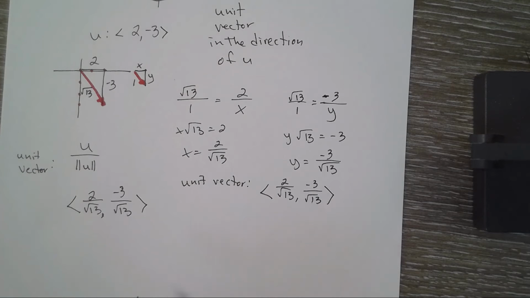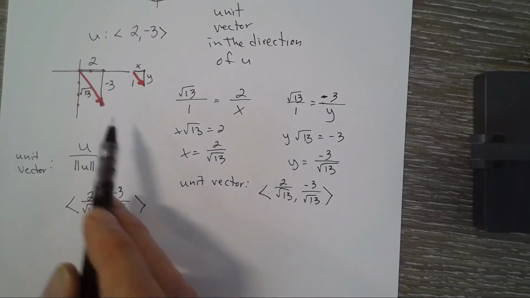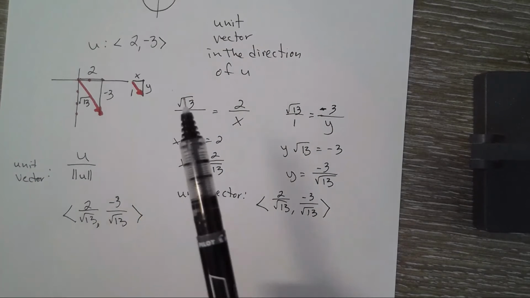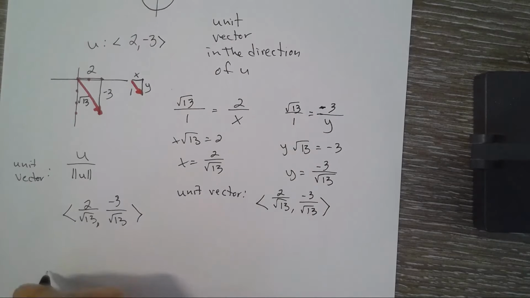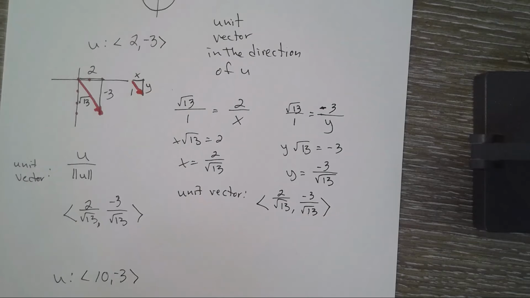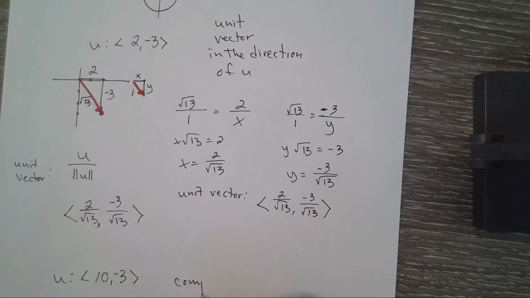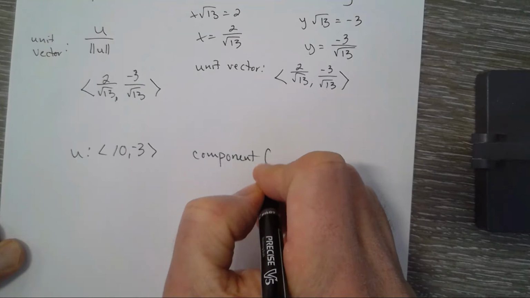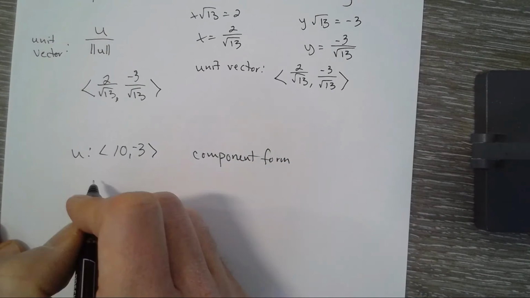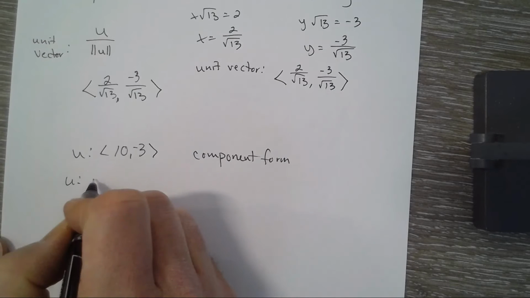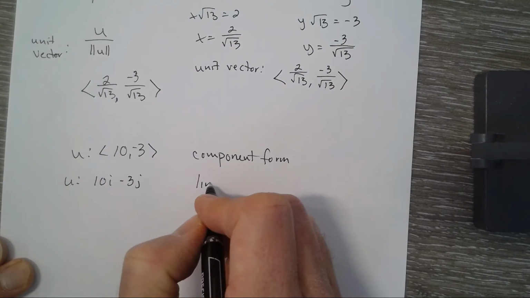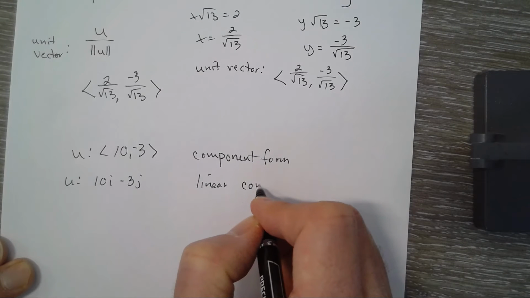Alright, so these are all written in component form. There's another way of writing vectors. It's called linear combination. So if I have 10, negative 3 in component form, it's just another way of writing a vector. u could be 10i minus 3j, and that's called a linear combination.